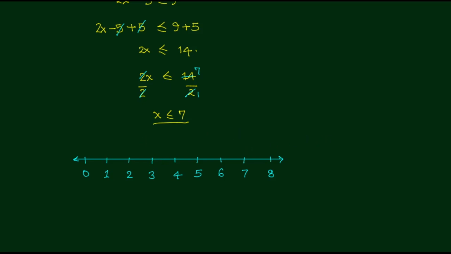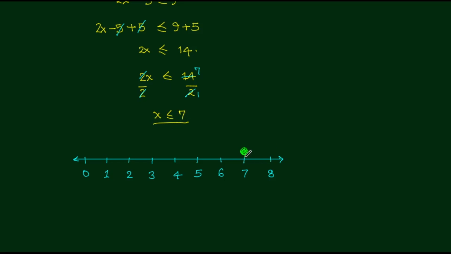Again, let's move on and come to 7. We draw our circle, but this time around it is less than or equal to, so this circle is going to be shaded. We're going to fill it, and you're free to fill it completely, or you can just present it using a line, just like what I've done here. That is accepted. We need to look at numbers which are less than 7.